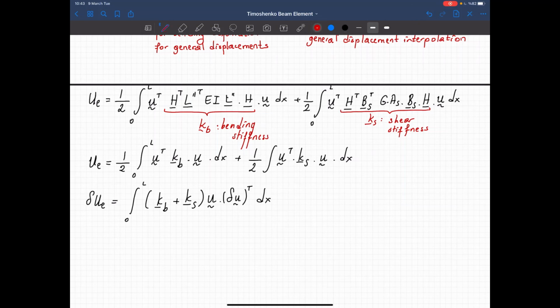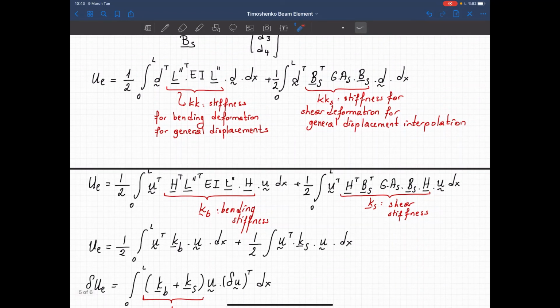So as you see, the stiffness matrix of our element is nothing but the summation of the bending stiffness and the shear stiffness. How do we calculate the bending stiffness? If you want to calculate it in the general displacement field, this is the equation, and then you can transform it, or you can just directly calculate with this equation. That will give you the bending stiffness. And for the shear stiffness, you can use this equation.